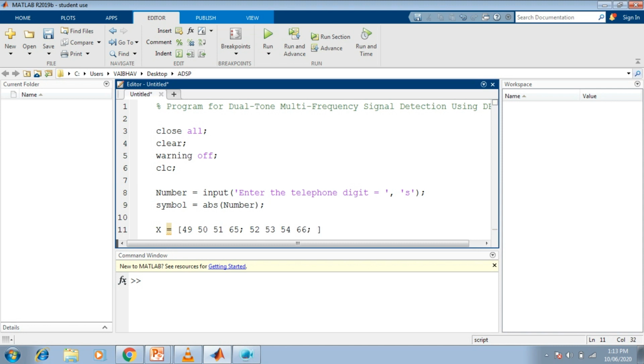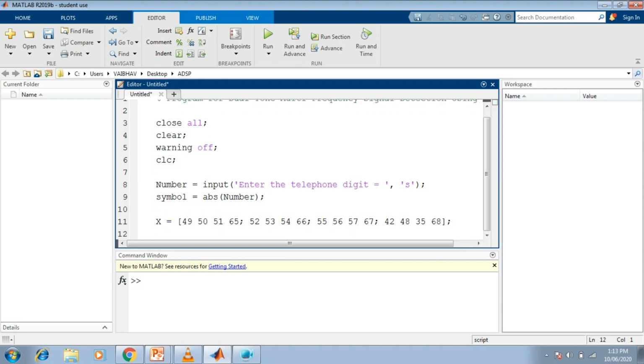The third row has the elements 55, 56, 57, 67. Next to that we have the last row, that is 42, 48, 35, 68. So we end this with the help of a semicolon here.